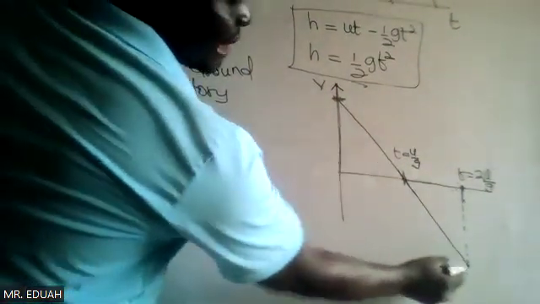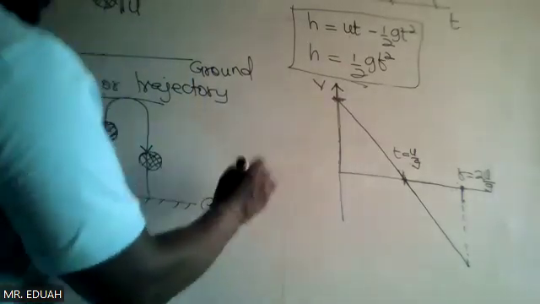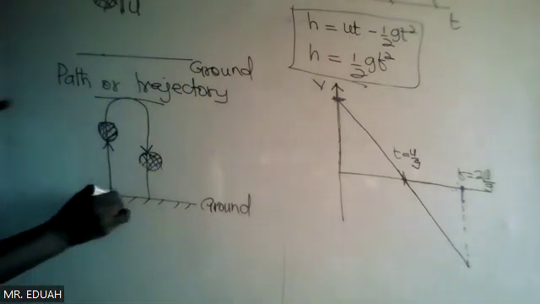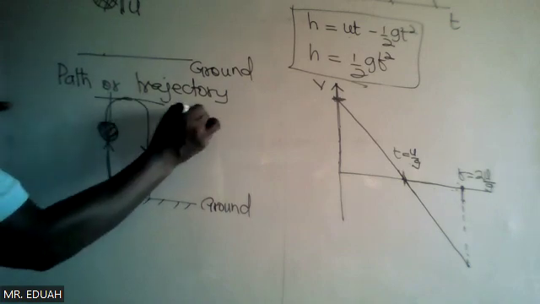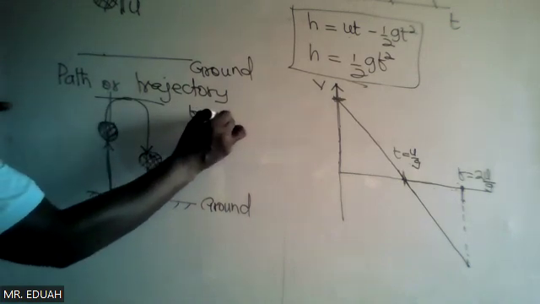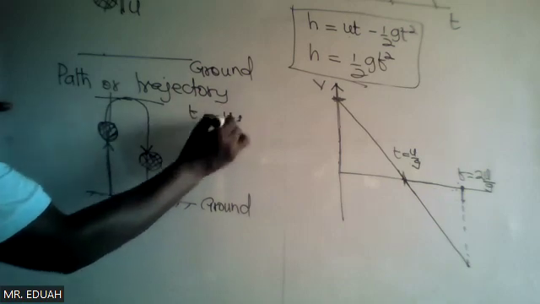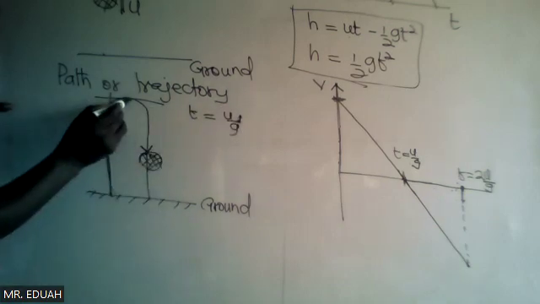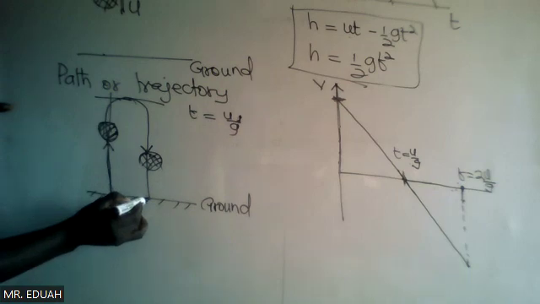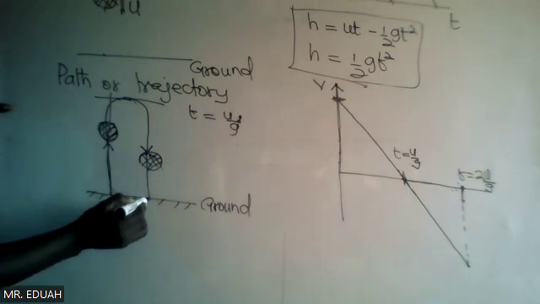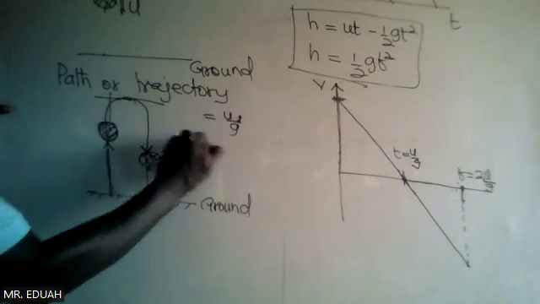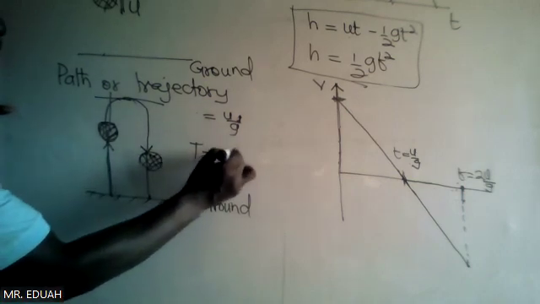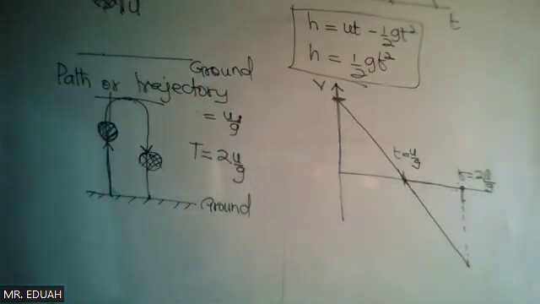The body is moving from here to the maximum height. The time taken to reach the maximum height is u over g. It will take the same time to get to the ground again. So its total time, capital T, is equal to 2 times u over g. And that is what has been indicated here.